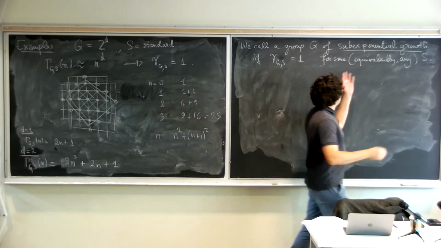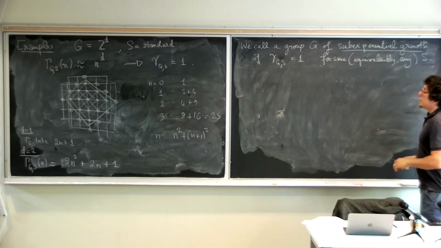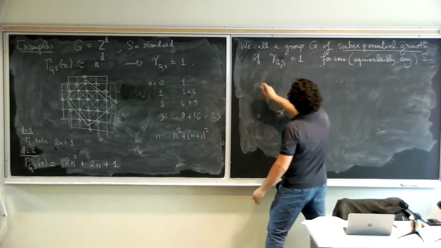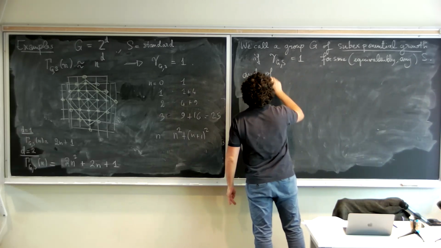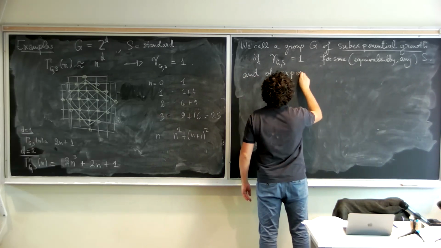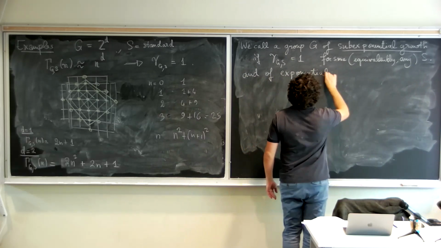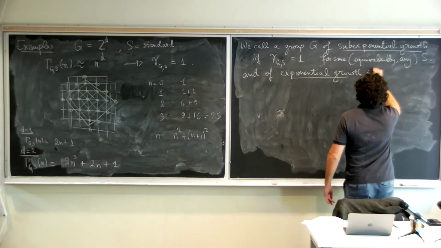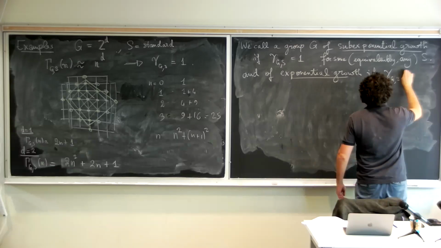In fact, there are groups of exponential growth, if gamma S is bigger than 1.